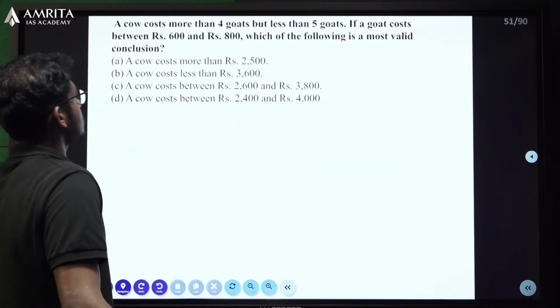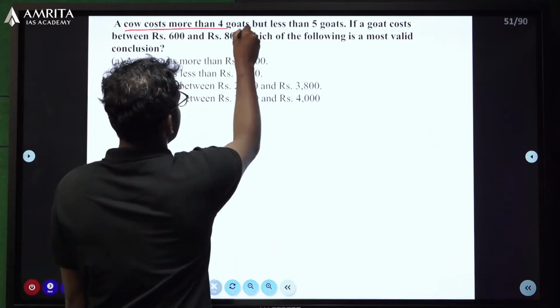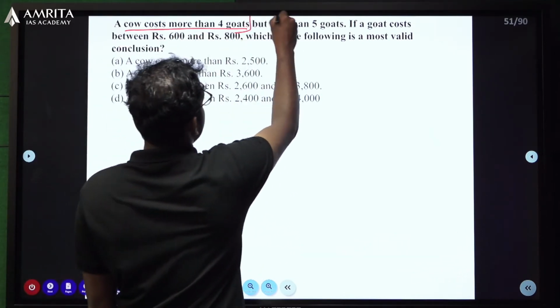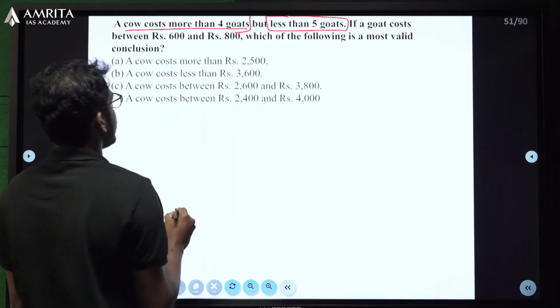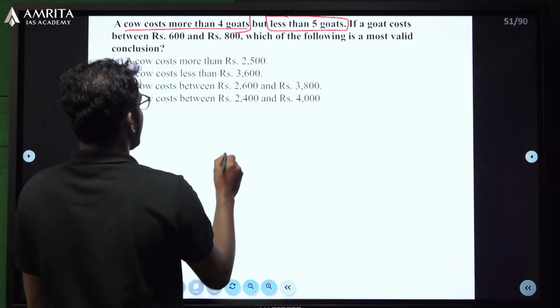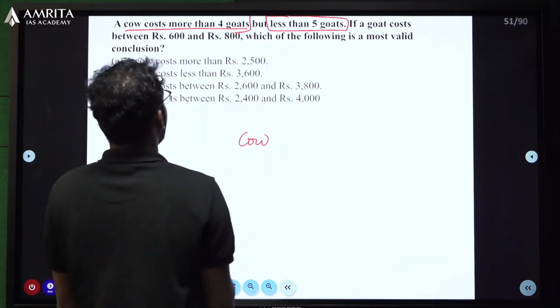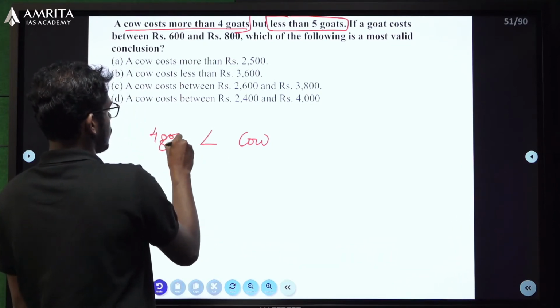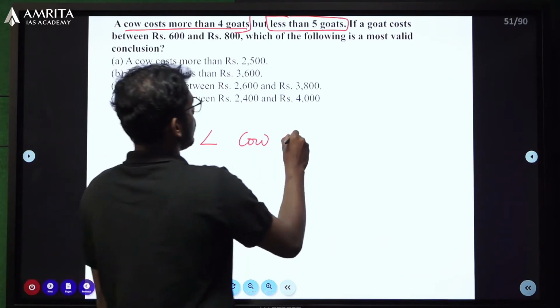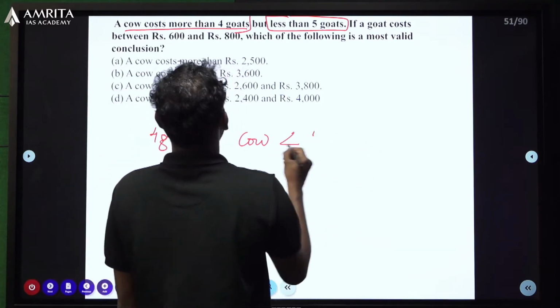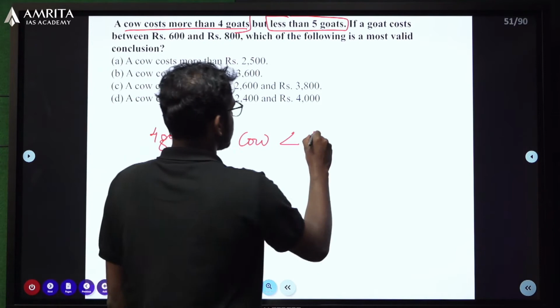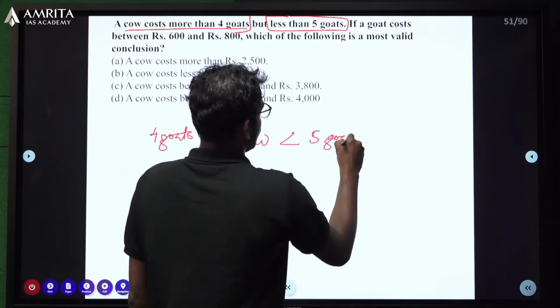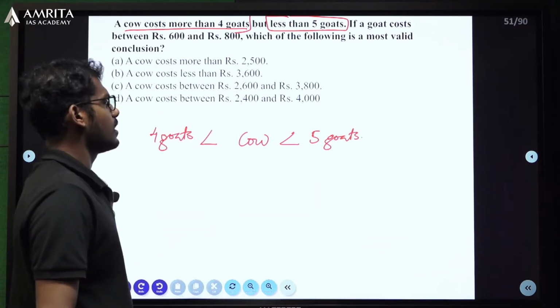A cow costs more than 4 goats but less than 5 goats. Okay. So the value of a cow: more than 4 goats but less than 5 goats. Clear?